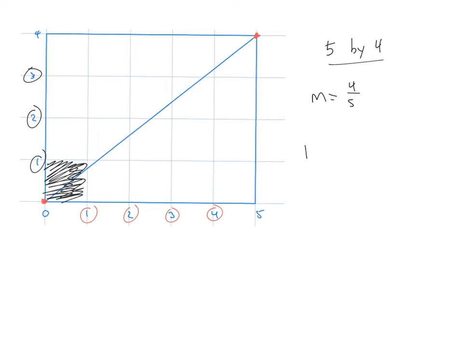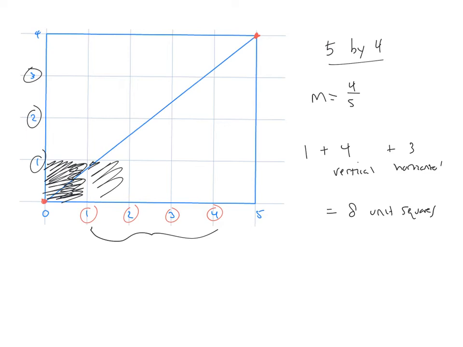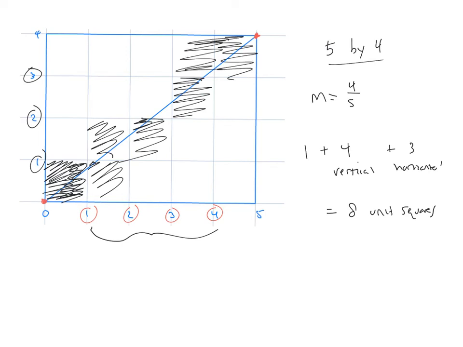Then it's going to go through 1, 2, 3, 4 vertical lines, and it's also going to pass through 1, 2, 3 horizontal lines. That gives us a total of 8 squares. Let's check that by counting. I did the first one, here's another one, 2, 3, 4, 5, 6, 7, and 8.